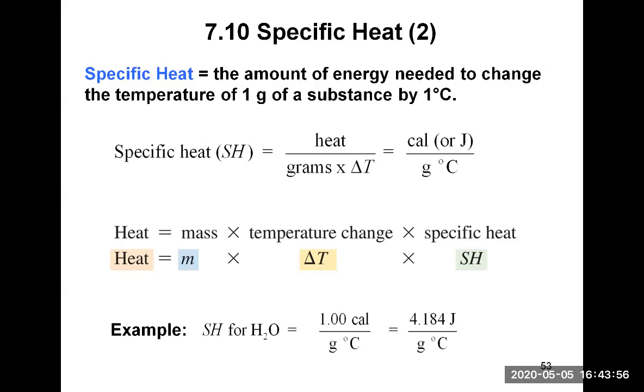And if you look at them, you will see that metals, for example, typically have a lower specific heat than water, which means you need less energy to warm 1 gram of metal and change its temperature by 1 degree. And that tells how metals are very conductive, because you need little energy to warm them up. Water requires quite a lot of energy to be warmed up, actually.